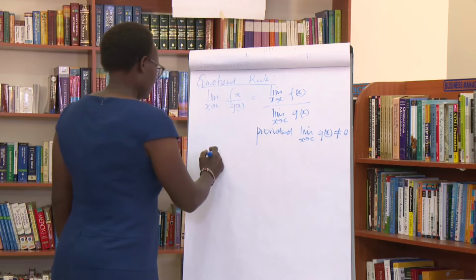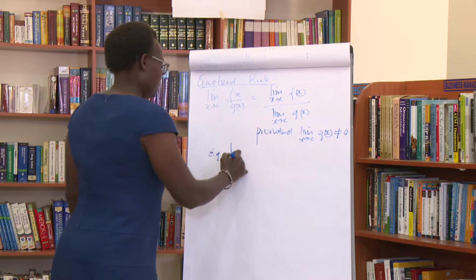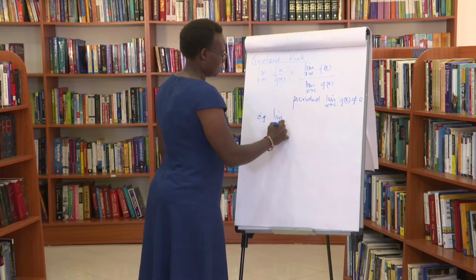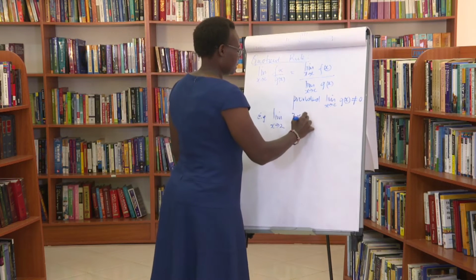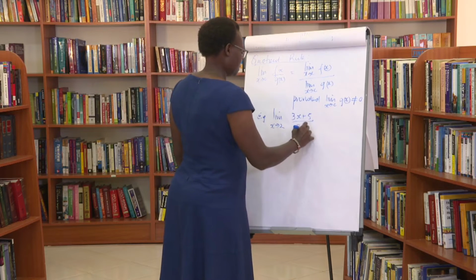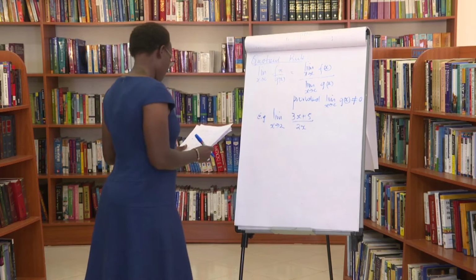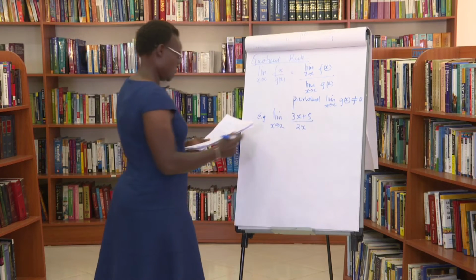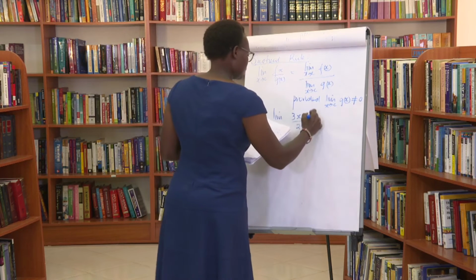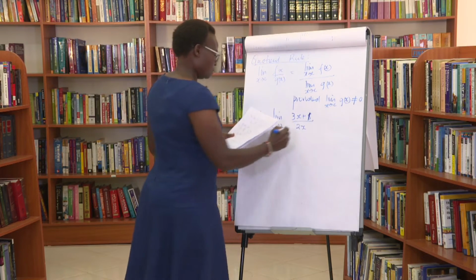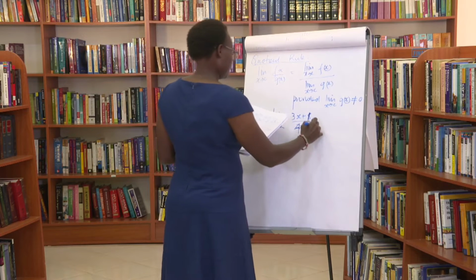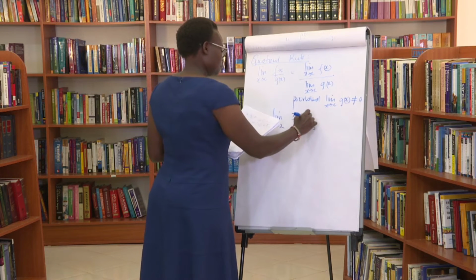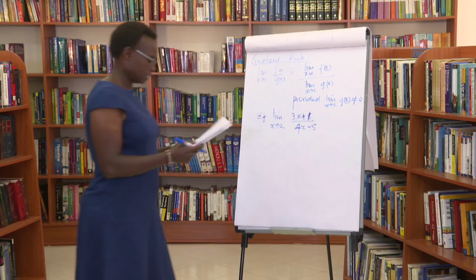So example, you're given the limit as x tends towards 2 of 3x plus 1 over 4x minus 1.